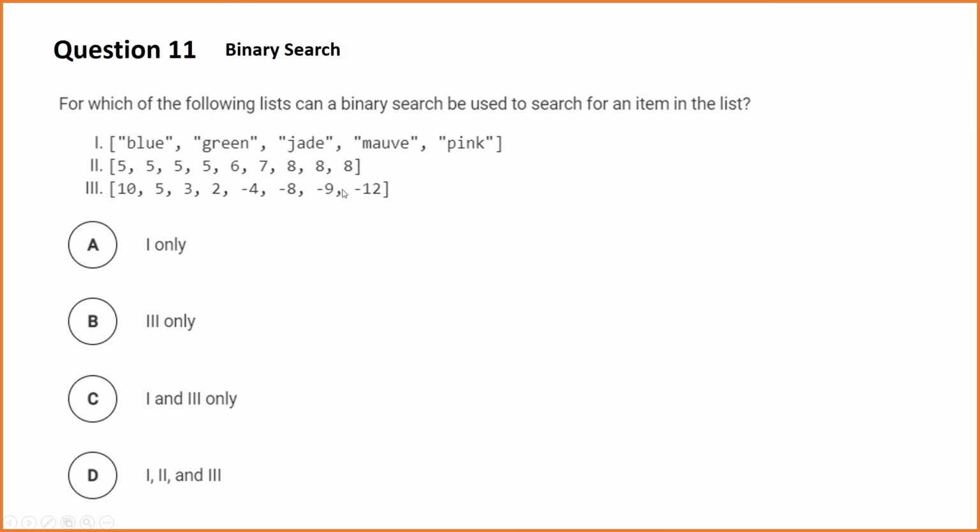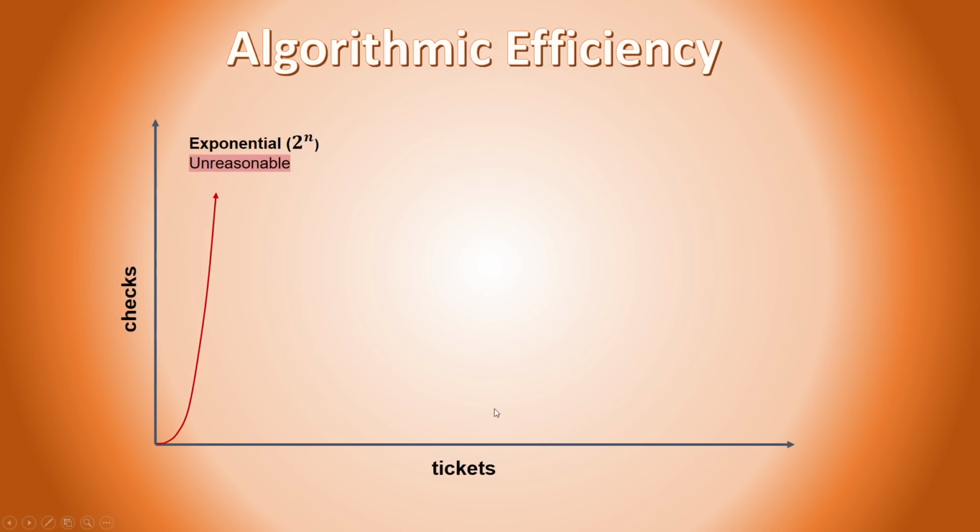So even though it's reverse order, it's still in some kind of order. This one is also in order, so I could use that one. This one is not. Wait, is it? Yes, it is. It's kind of in order. B, G, J, M, P. Right? So they're actually all in order, so I could use them all.